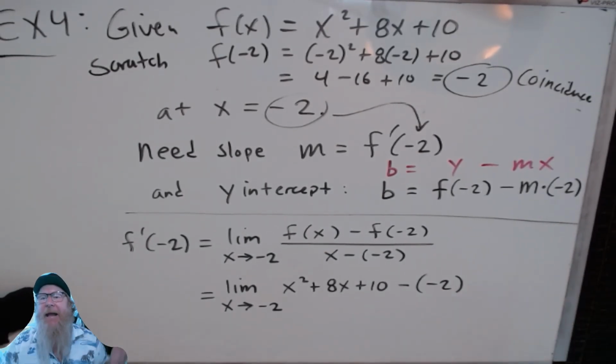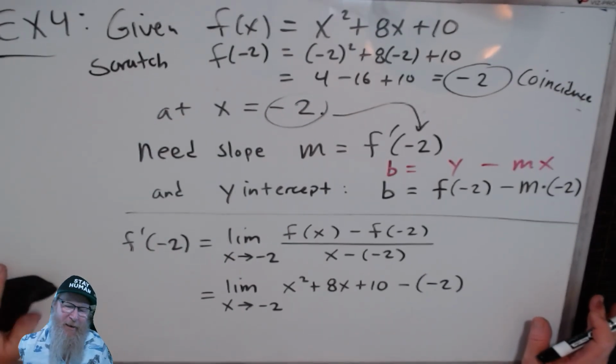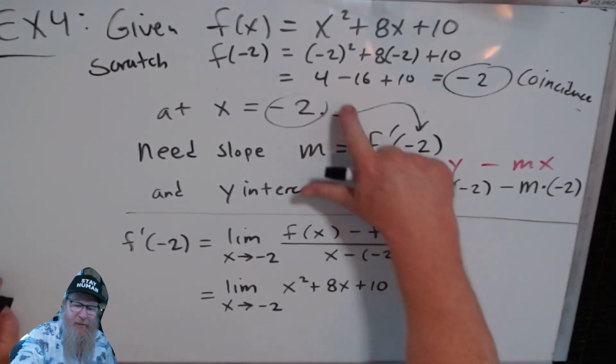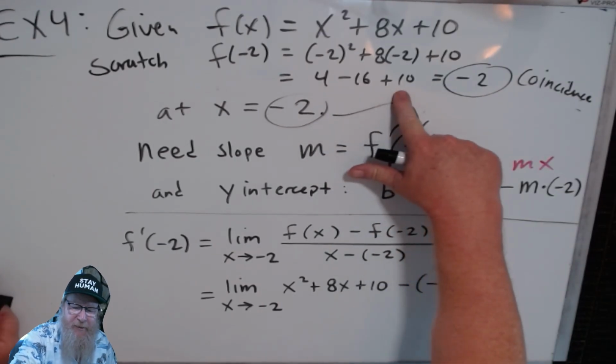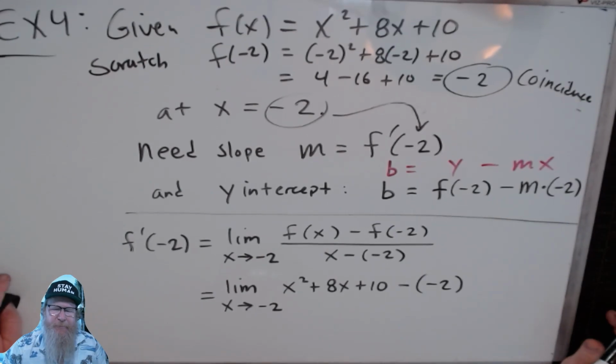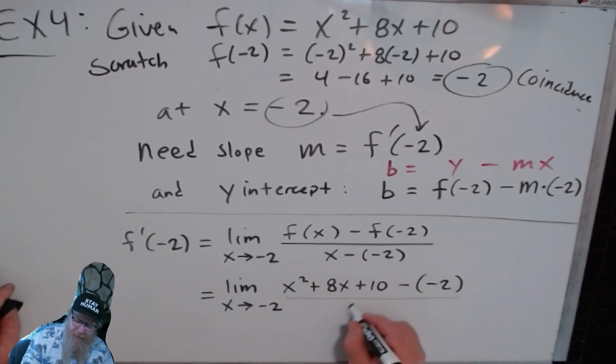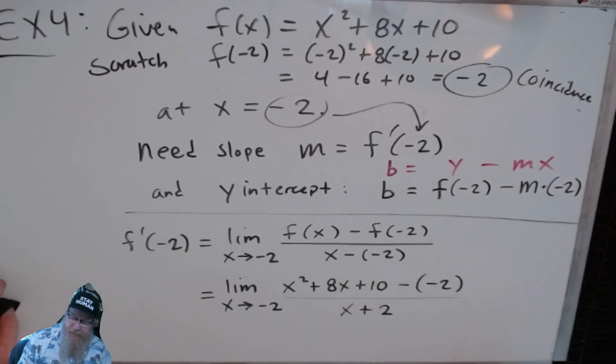Again, I didn't even plan that. I just randomly picked an x, I plugged it in, and that's just the way the cookie crumbles here. I do like to double check when I see coincidences that were unplanned. Yeah, it's true. All right, and then you've got x minus negative 2, which is the same as x plus 2.